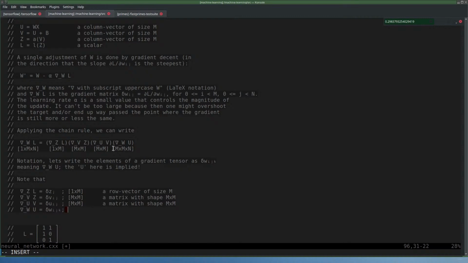Which is then that, right. Well, yeah, that is just notation.